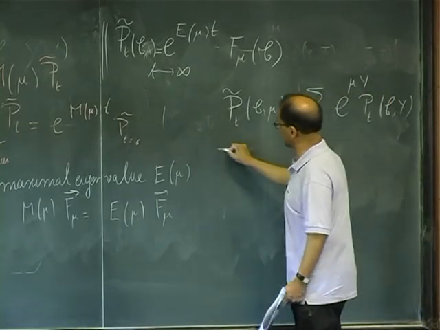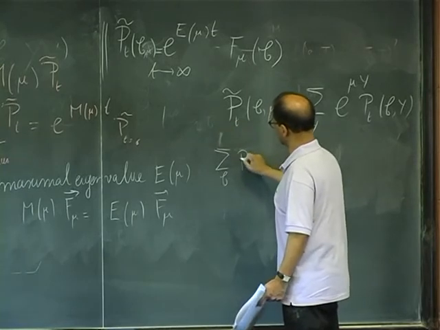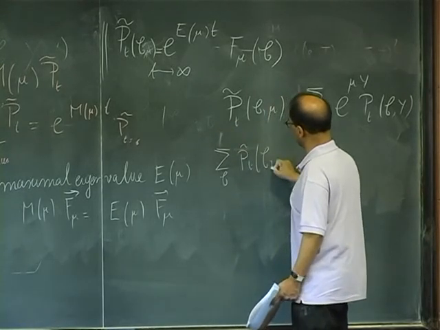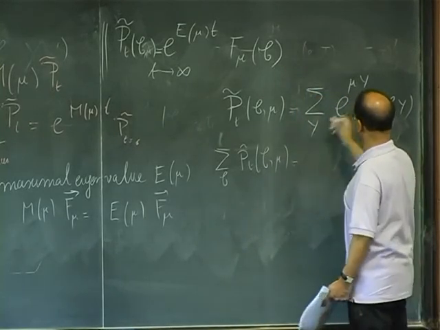Now suppose I sum this over c. So I take all the components of this vector and I sum them. Then I will have a double sum.